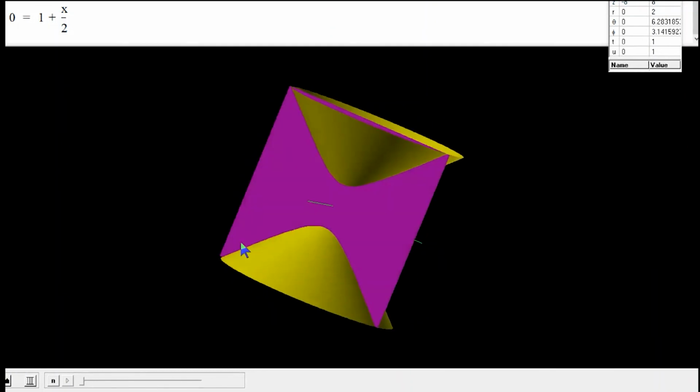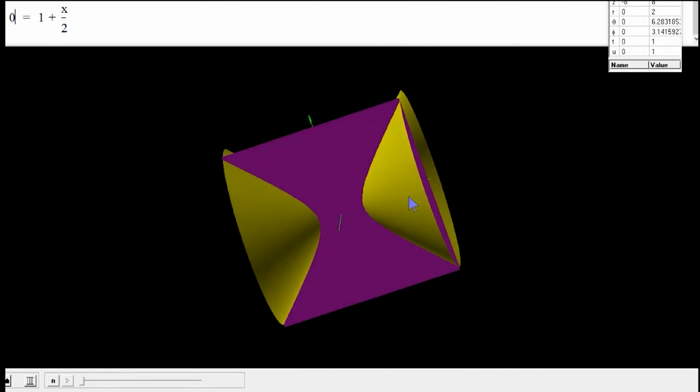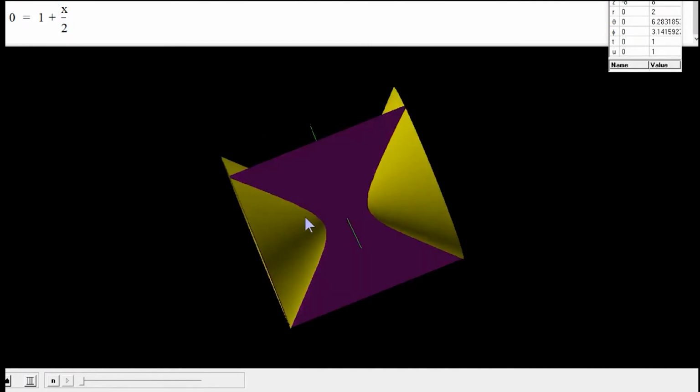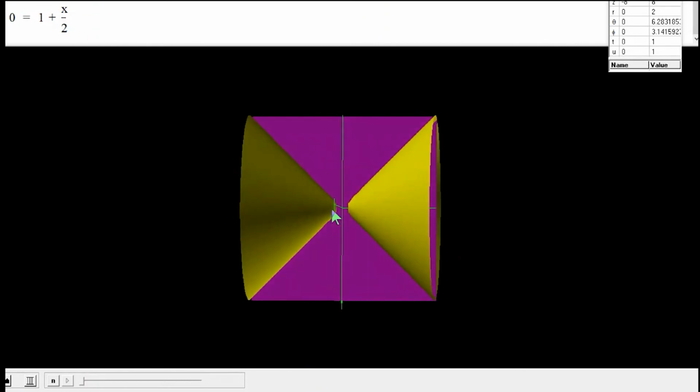You see the hyperbola, right? There and there. And if I flip it around to the other side, these edges of the cone, it's supposed to connect right here. There's a limitation of this program. Those are your asymptotes. Wow.